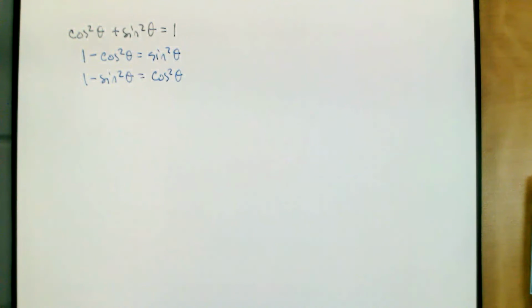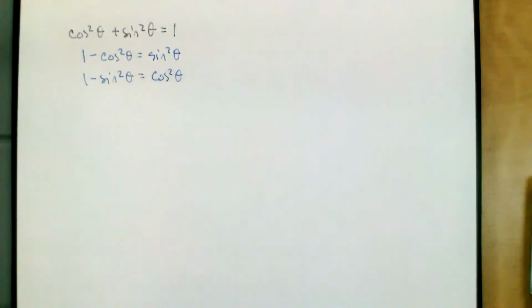It's necessary to know which functions are related in the Pythagorean identity. It's also important to recognize that cosine squared plus sine squared, we can turn that into another Pythagorean identity.